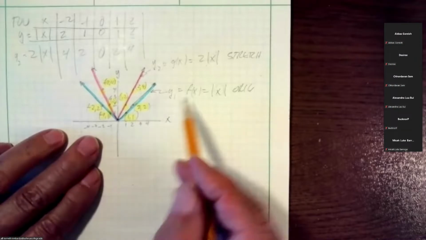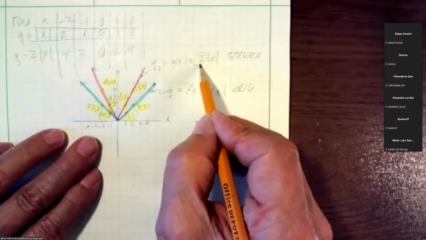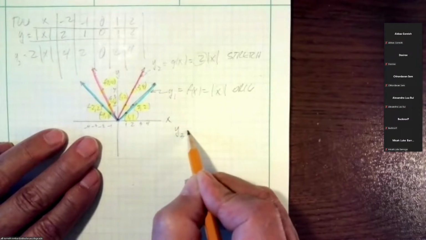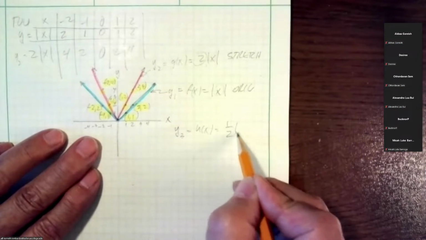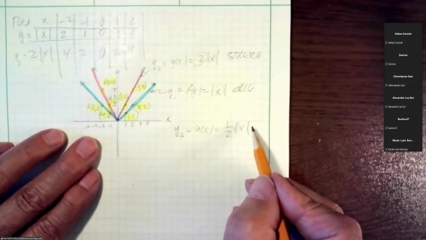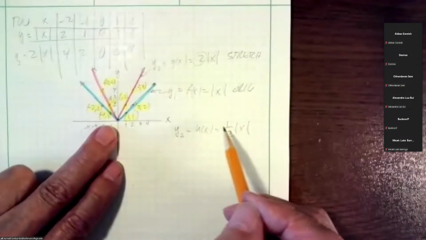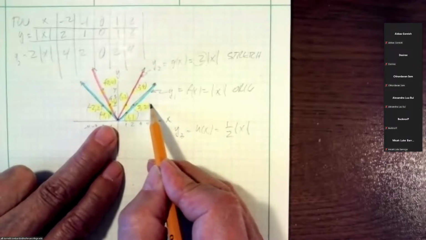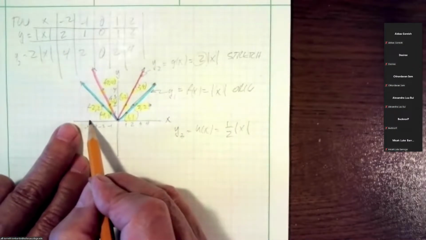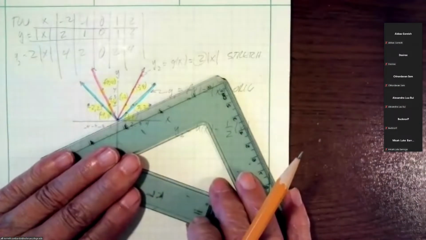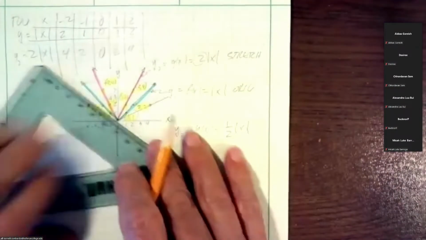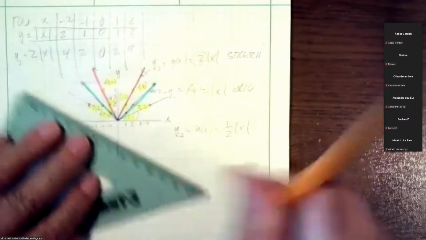If we were to make the multiplier out here greater than 0 but less than 1, we'd be shrinking. For instance, if I said y sub 3 equals h of x, and that equals 1/2 absolute value of x. So if x is 4, half of that is 2, so we'd be out in here. And at -4, we'd be at 2, out in here. So now our graph is going to look like this and like this.